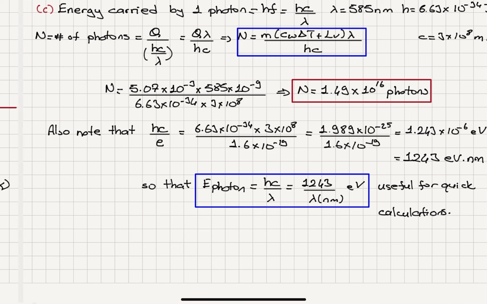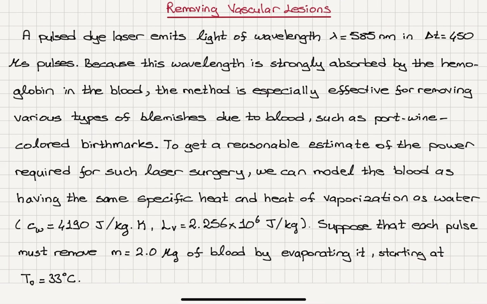Alright, so in this problem, we've looked at the amount of energy a pulsed dye laser must provide with a wavelength 585 nanometers in one pulse period, 450 microseconds, in order to evaporate a 2 microgram sample of blood.